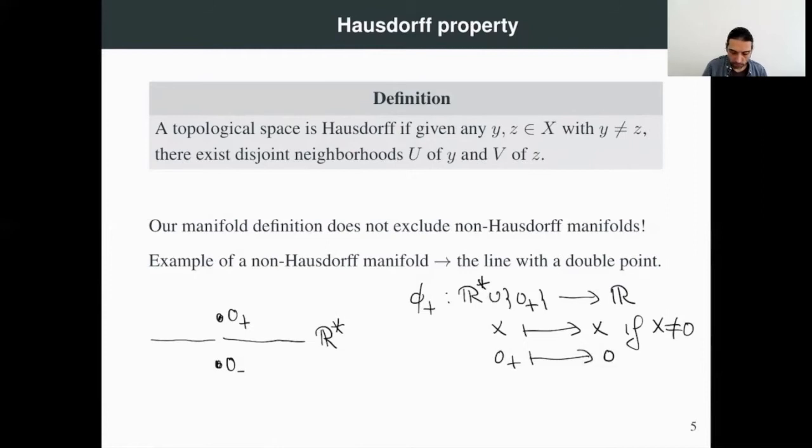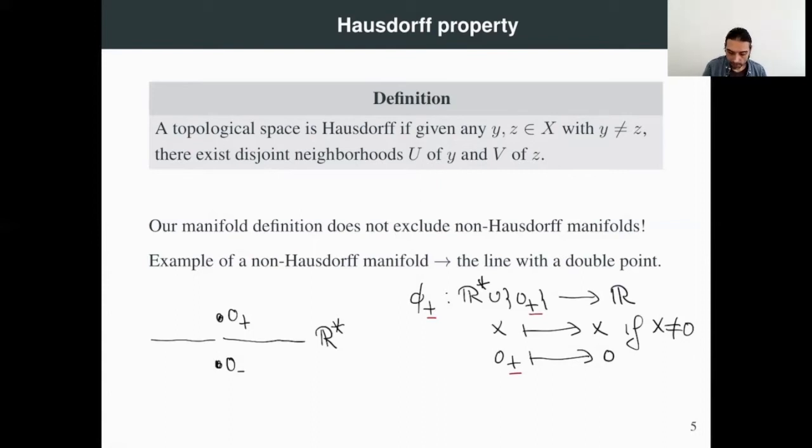And we can do essentially the same by replacing plus with minus. There we have two local charts for this topological space that is obtained by considering the real line minus the origin, and 0+ and 0-.